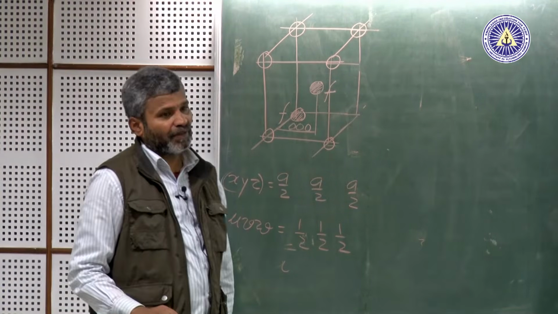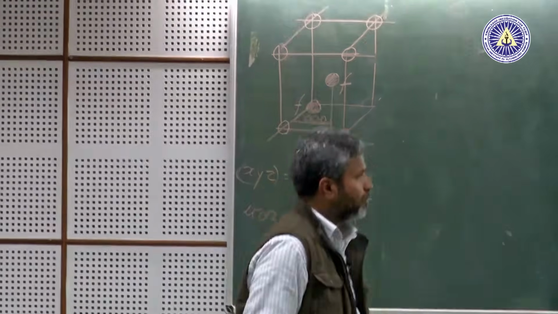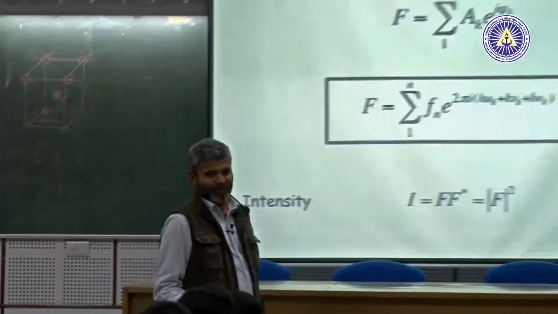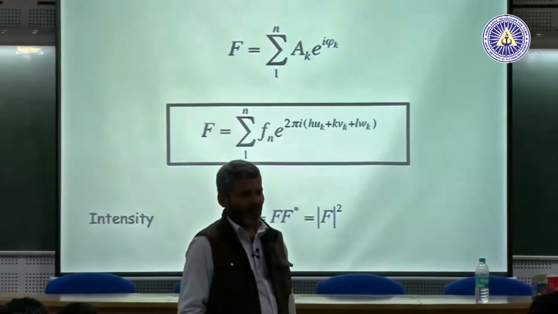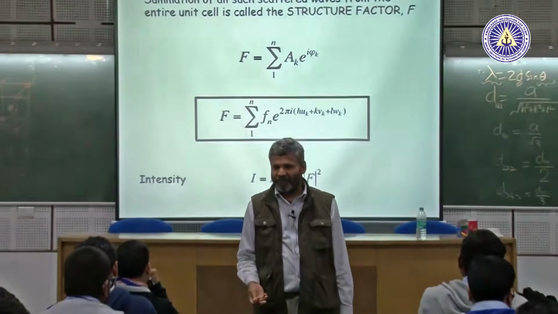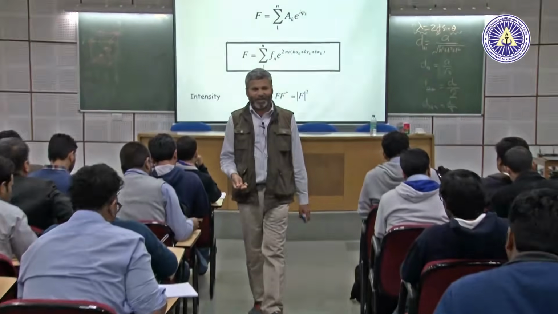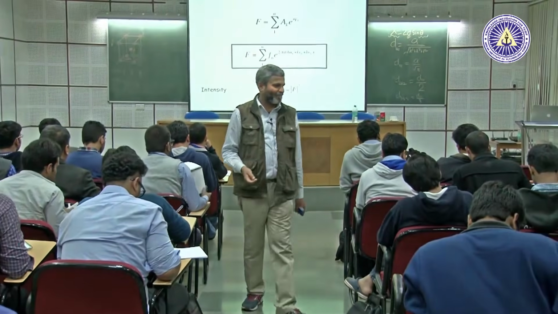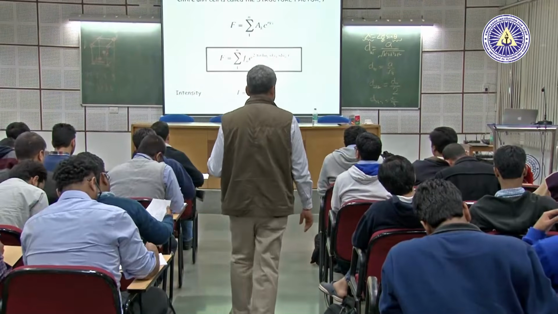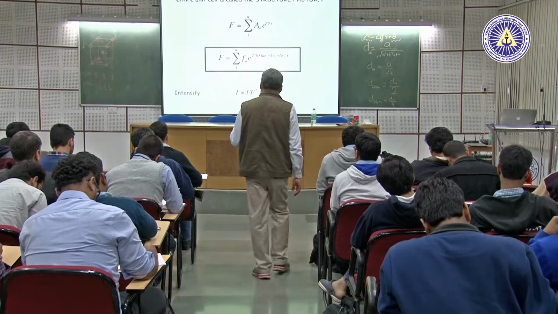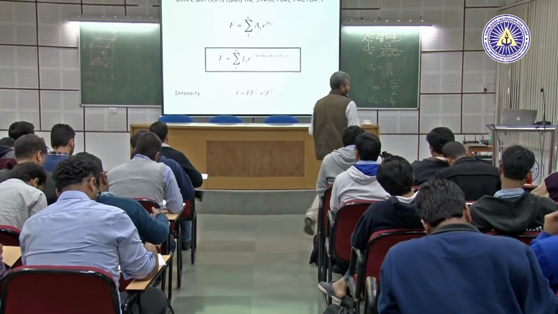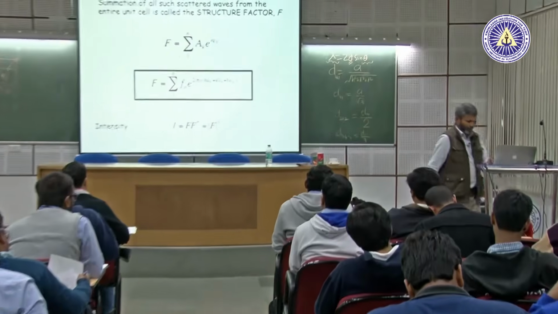So, for a normal BCC you calculate, let us do a little tutorial. So, just add 2 terms, everything is there. If you do it with your pencil, you will remember it. The 100 reflection is not there in BCC. We are now getting more systematically through this structure factor calculation.